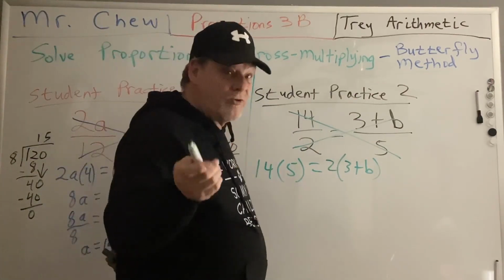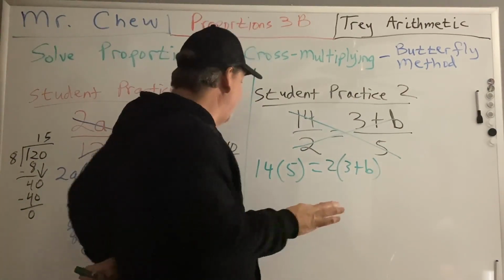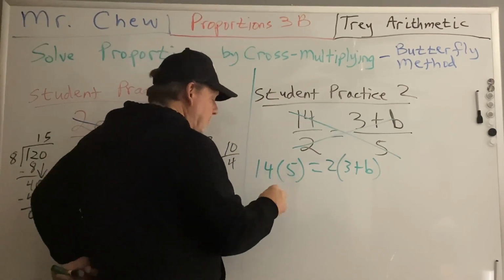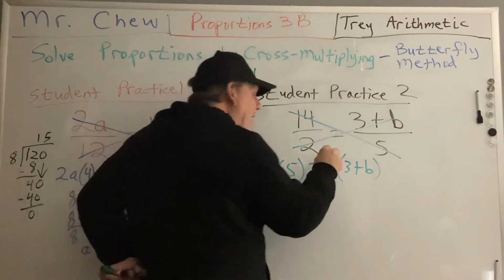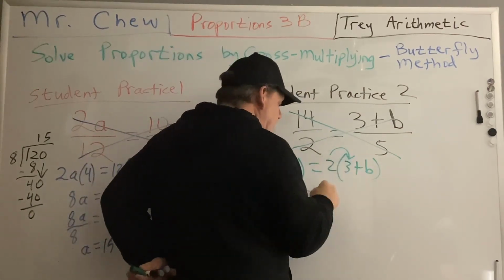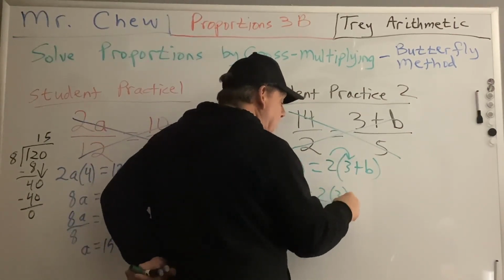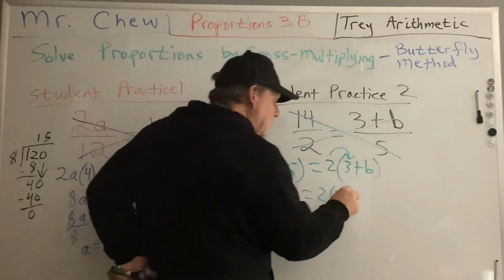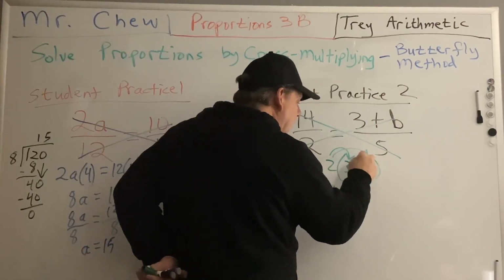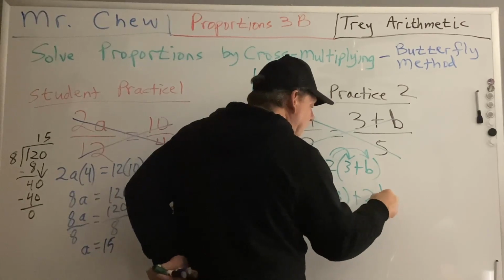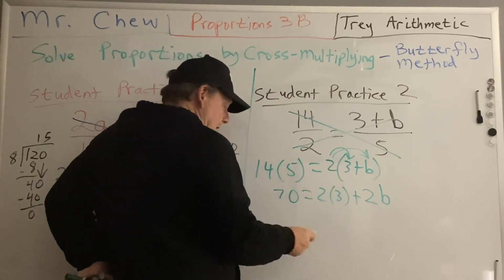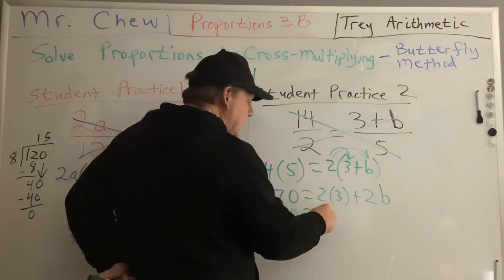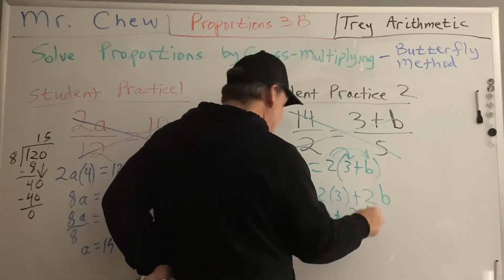So now my first step in solving this is simplification. 14 times 5 is 70. And I have to do the distributive property here. 2 has to be multiplied by everything in the parentheses: 2 times 3, plus 2 times b. So now I simplify the 2 times 3, which is 6, plus 2b.